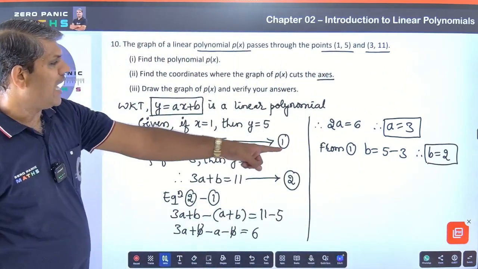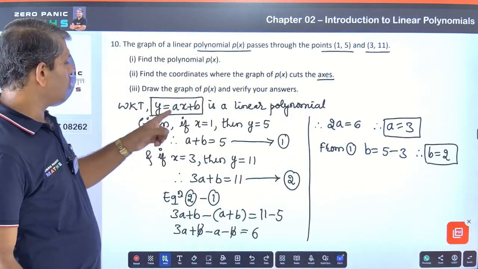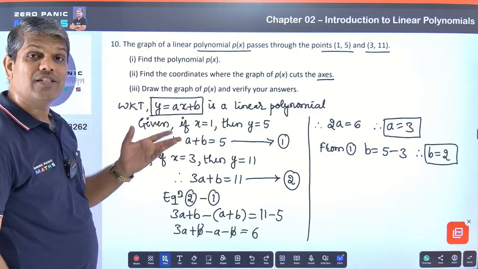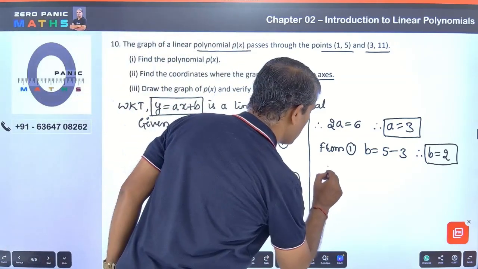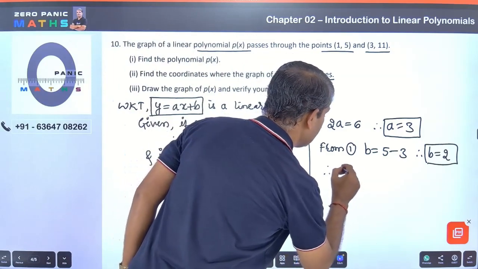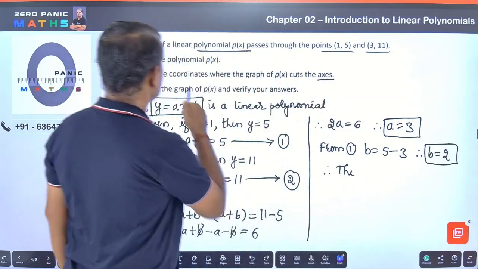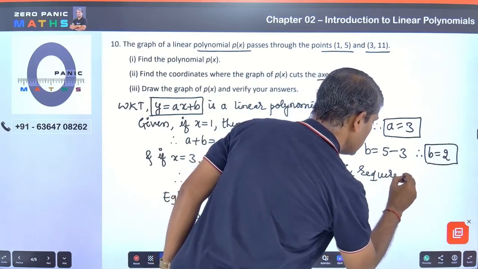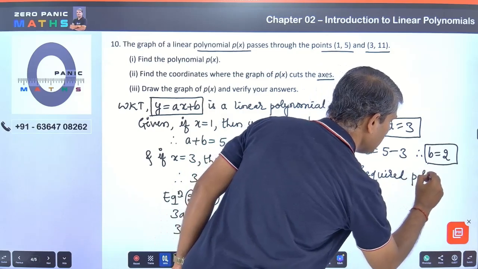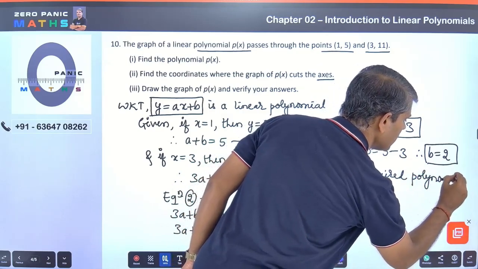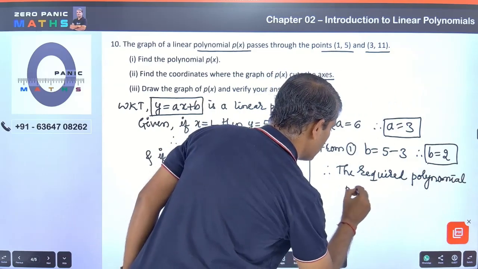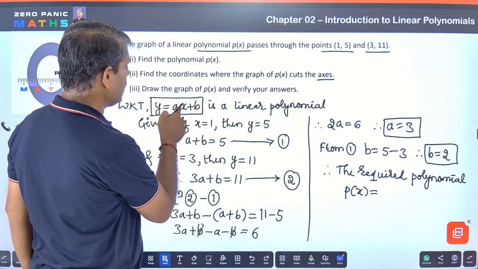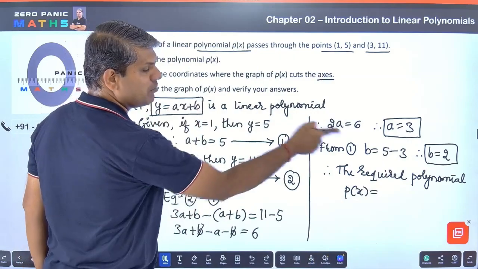Now substitute b is equal to 2 and a is equal to 3 in this. You are going to get 3x plus 2. y is equal to 3x plus 2. So therefore, we can say the required polynomial p of x is equal to 3x plus b, and in place of a you are putting 3, so b is equal to 2.